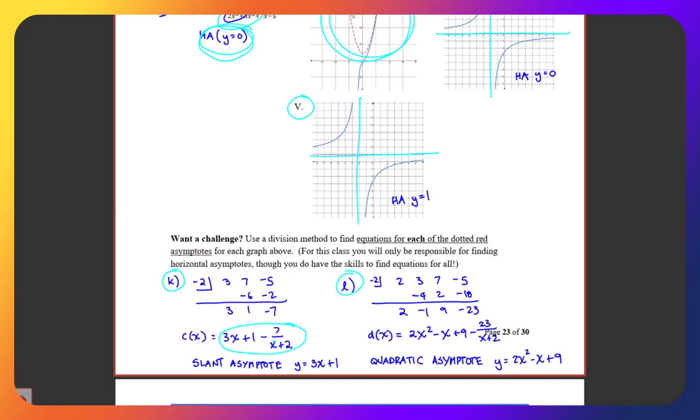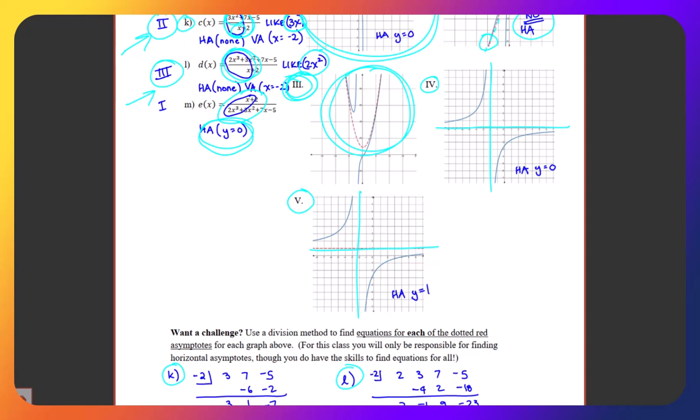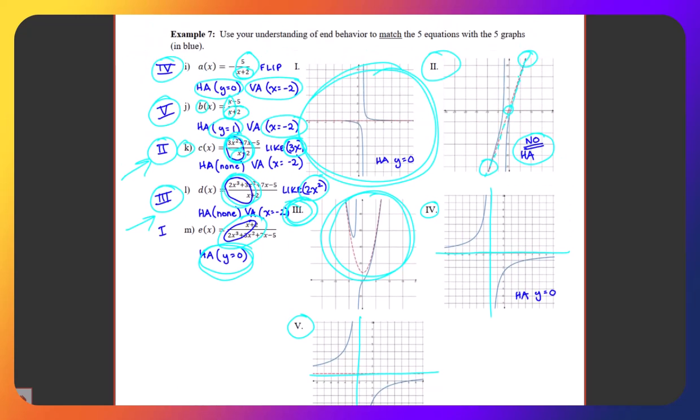So again, as x gets bigger and bigger, the remainder goes away, and the graph will start to look like this line 3x plus 1 at the ends.